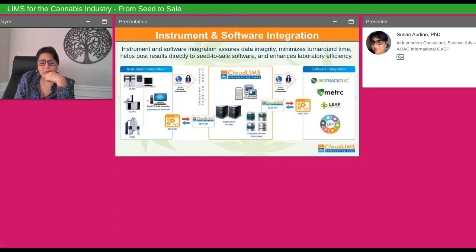So we are managing those software drivers, and when that software is updated, bringing it all together so that we can now minimize the turnaround time. We are going to be able to post results directly into that seed to sale software, such as Metrc and Leaf and BioTrack THC. All of this is enhancing the laboratory's efficiency and defensibility.